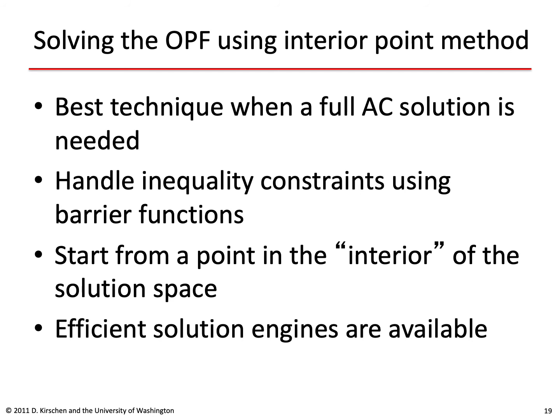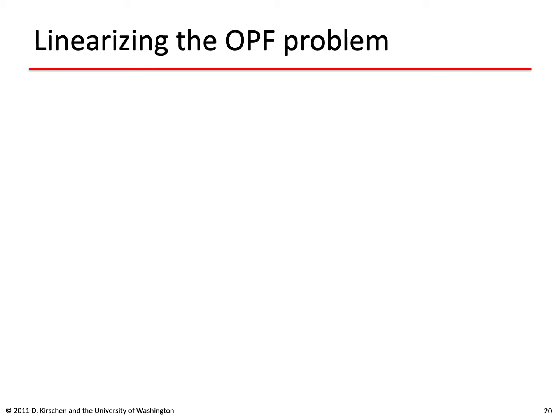For this solution to work, we have to start from a point in the interior of the solution space. We need to start from a feasible solution, which may not be the optimal solution. And there are some efficient solution engines available to solve OPF with this method.